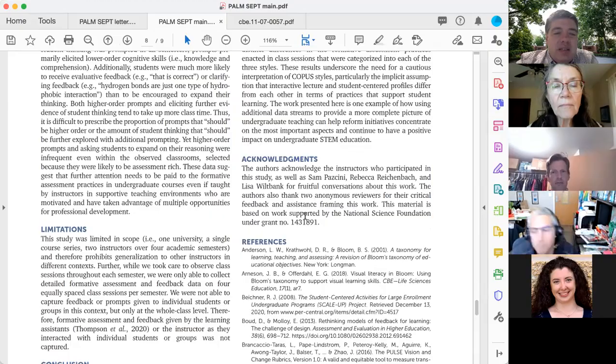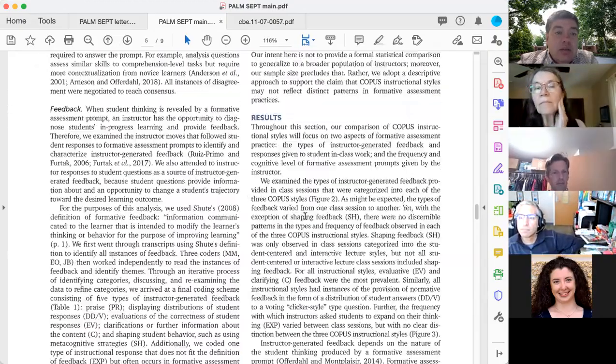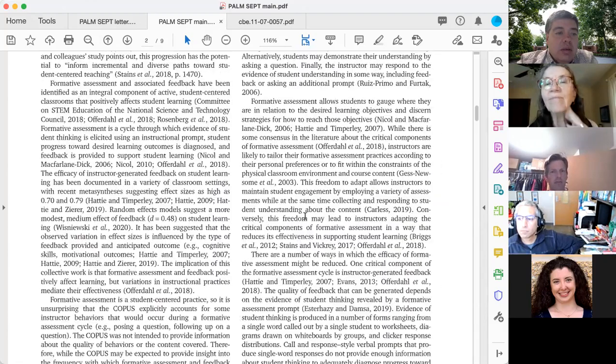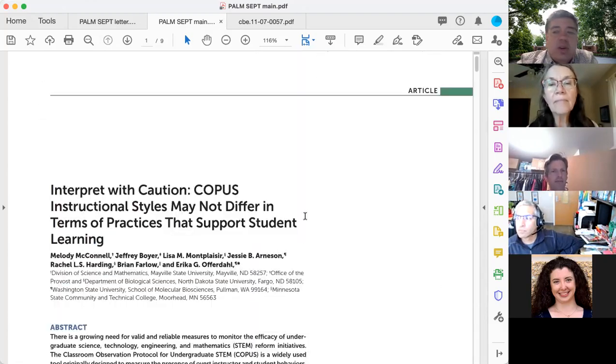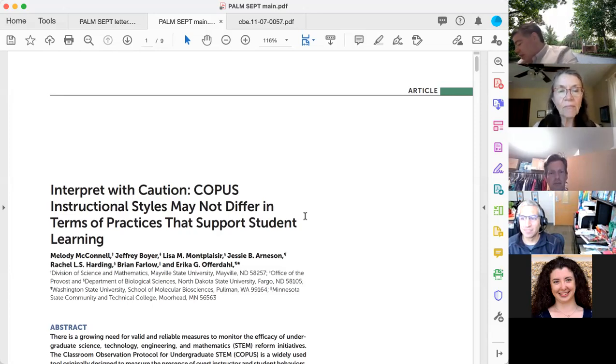So basically what this paper is getting at, just to remind you of the title, is interpret with caution. The paper is overall trying to argue that COPUS is fine and good, but that COPUS is not showing correlation to these particular practices.